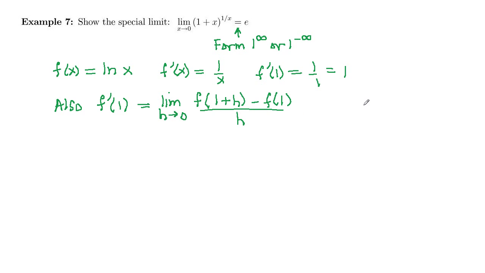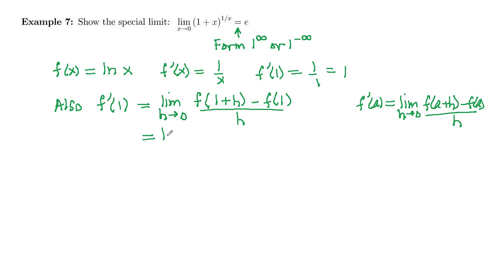Now again, what I'm doing here is using the f prime at a. Our limit definition there was the limit as h goes to 0 of f at a plus h minus f at a, and then divide by h. So that's what I'm doing with a equals 1, and our function is the log function, ln of x.